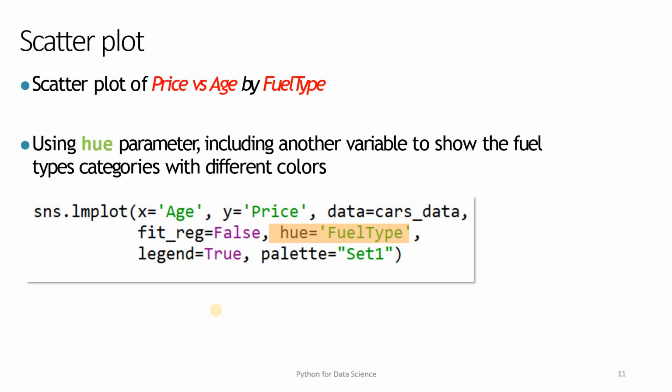So that can be added by using the parameter called hue, and including another variable to show the fuel type categories with different colors. So here you can see that we add fuel type under the argument called hue, and we are going to represent the fuel type with respect to different colors.